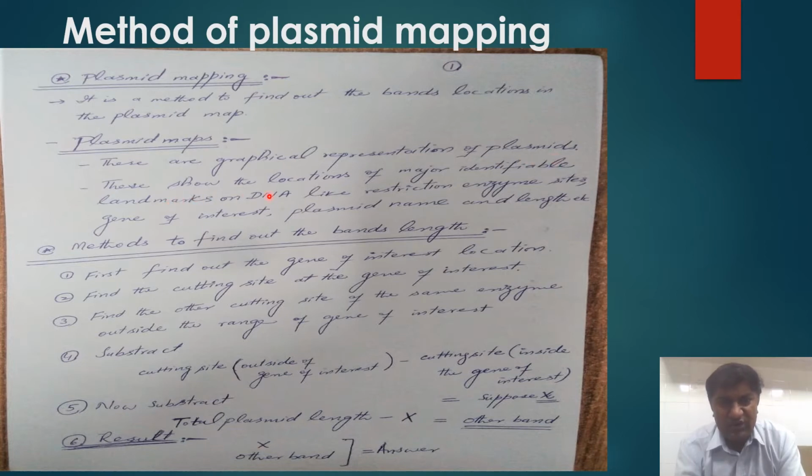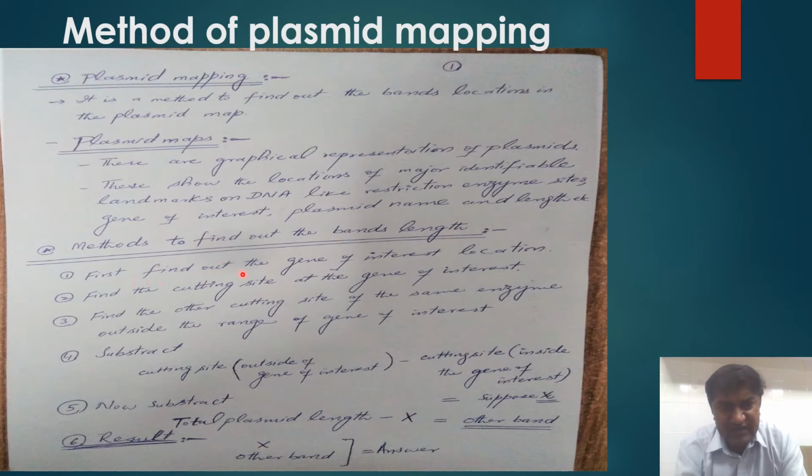These show the location of major identifiable landmarks on the DNA and restriction enzyme sites, and give the gene of interest, plasmid name and length.